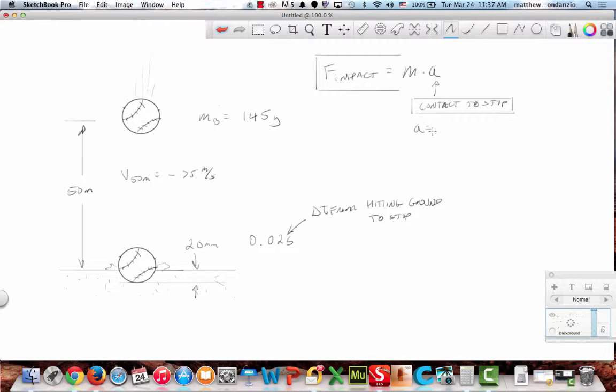Delta V over delta T. Variables first: V final minus V initial over delta T. What's my final velocity during the deceleration? 0 meters per second, minus my initial velocity, over my delta T of 0.02 seconds.